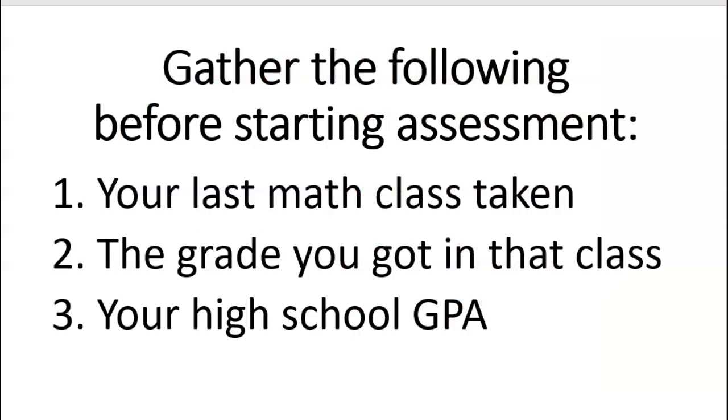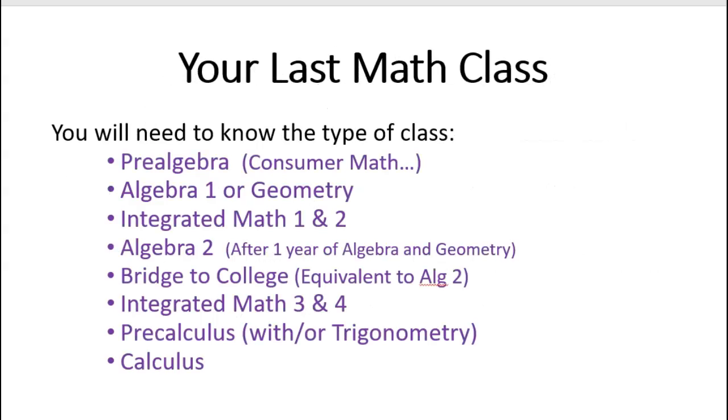The placement office will send you instructions on all the steps to follow, including what you will need before starting that process. You can see that all we need is your last math class, the grade you got in that class, and your high school GPA. Selecting the last math class you passed is a crucial piece of information that is necessary for proper placement and therefore your success.